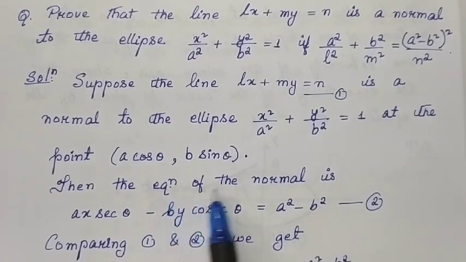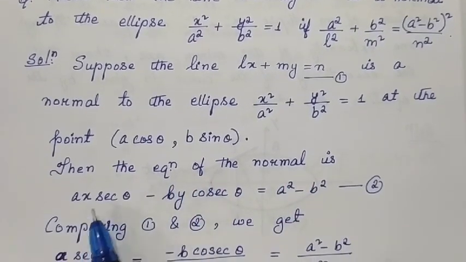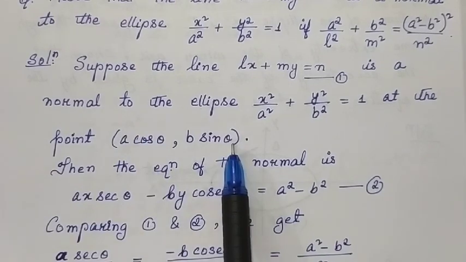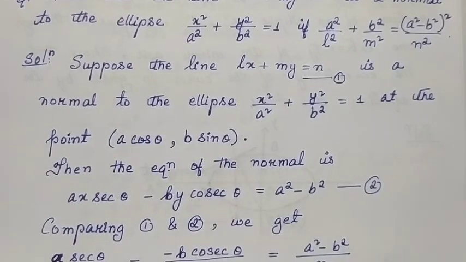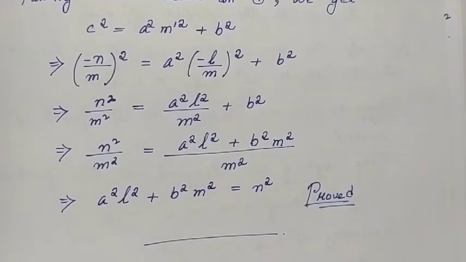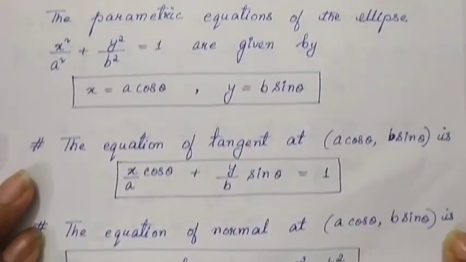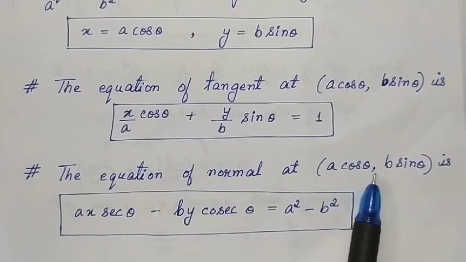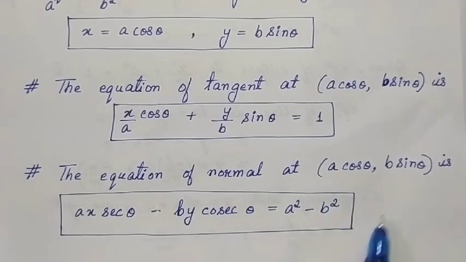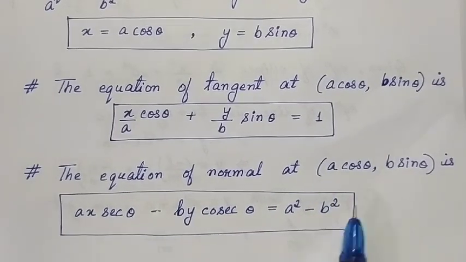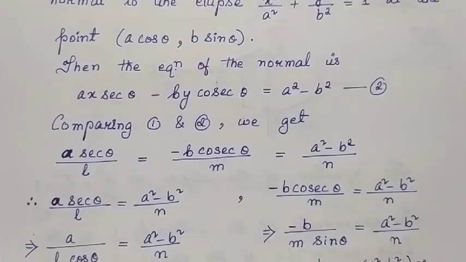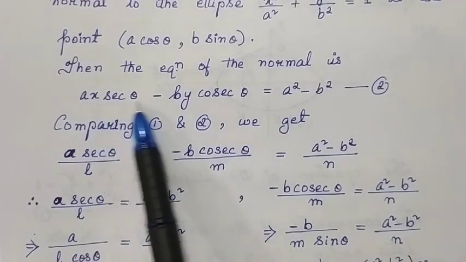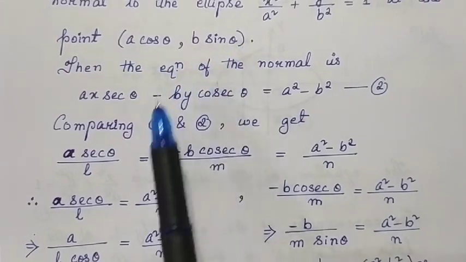So what will be the equation of normal? I have already given the equation of normal. Wait, I am showing it again. Yes, this one: the equation of normal at a cos theta, b sin theta is this one. So we will use this equation, which I have written using this point.